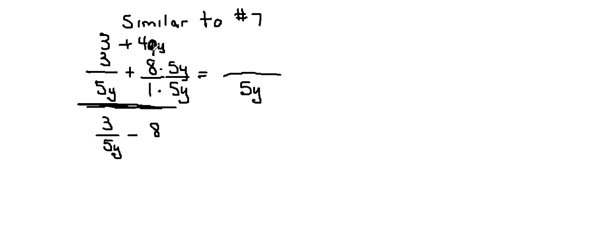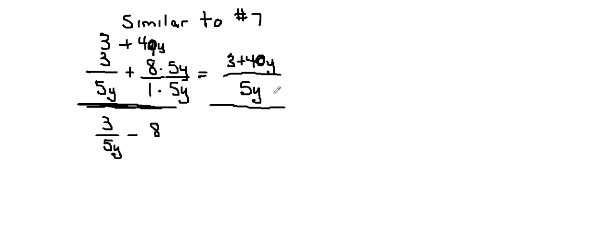Okay, and 3 plus 40y is 3 plus 40y. So that's my numerator. I can't factor anything out of that top, right? So I'm just leaving everything alone. I can't simplify that, so I'm good.